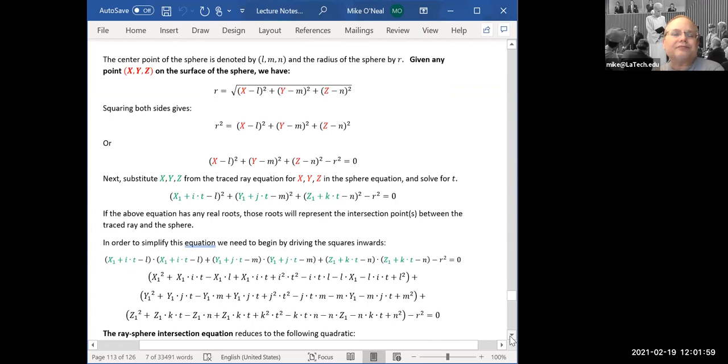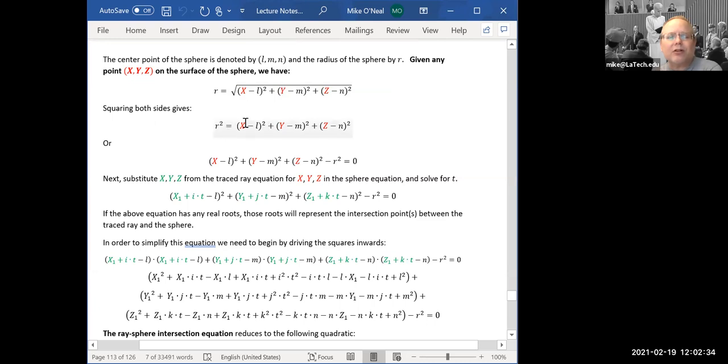What about the equation for a sphere? Well, the center of a sphere is denoted by LMN, right? The radius of that sphere is R. So given any point x, y, z on the surface of the sphere, R is the square root of x minus L squared plus y minus m squared plus z minus n squared. That gives us the distance for any point x, y, z that's on the surface.